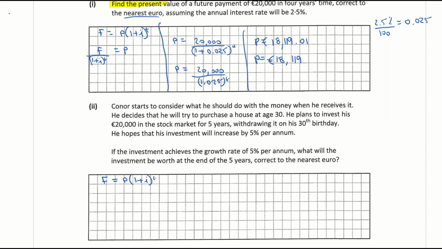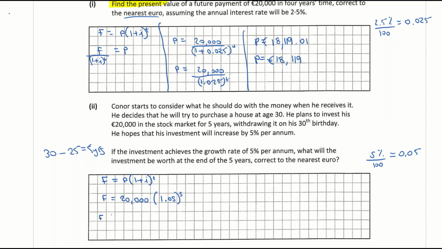So it's the same formula once again. This time we are trying to find the future value. The present value is now the €20,000 on his 25th birthday, and he's putting it in at an interest rate of 5% this time. Dividing 5% by 100 is 0.05. So that's 1 plus 0.05, which is 1.05 to the power of 5 this time, because his 30th birthday take away his 25th birthday gives me 5 years.